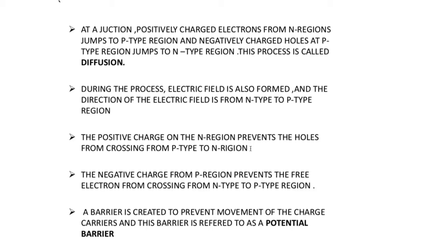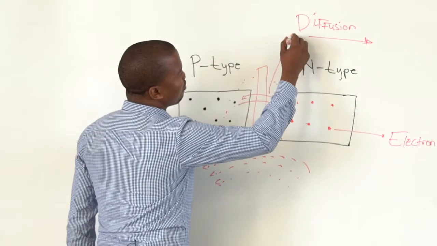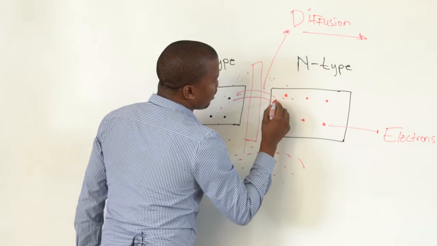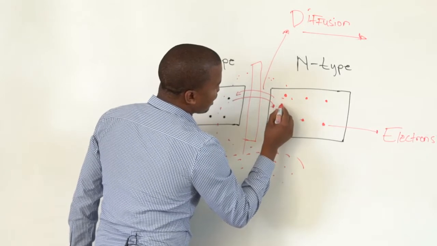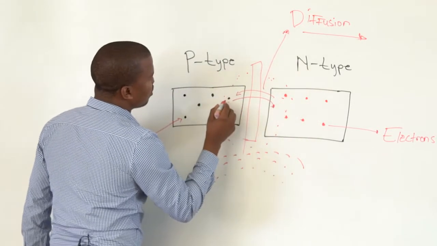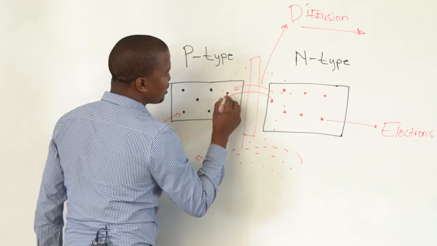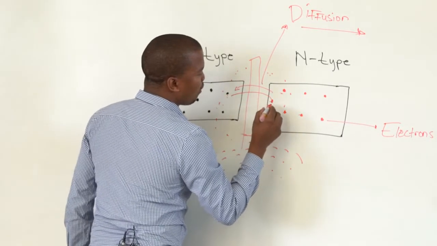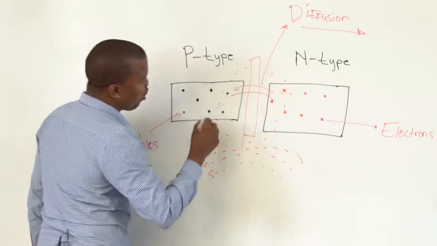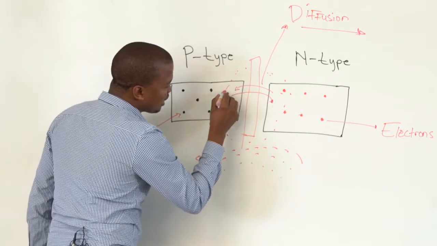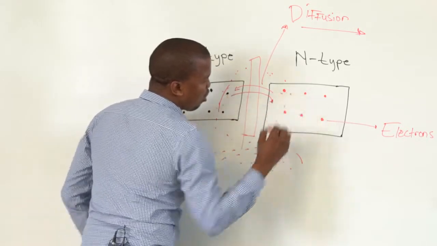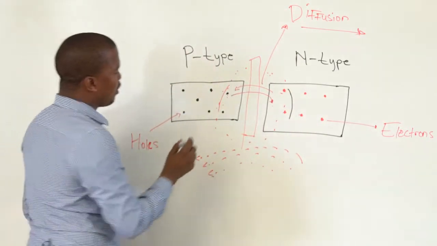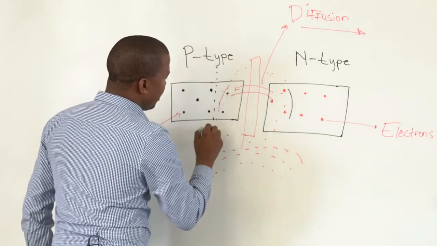After the process of diffusion, for the charge from the N-type crossing to the P-type, and the charge from P-type crossing to the N-type, only the ones near the junction will cross, and there will be a layer here.